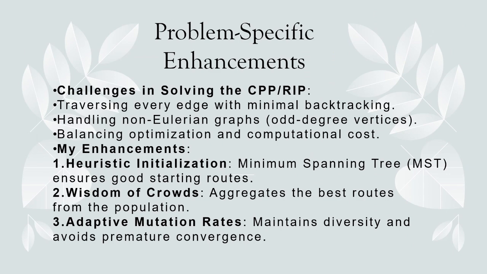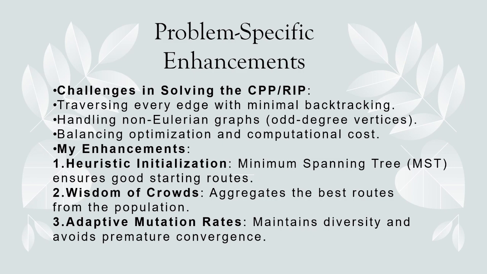Okay, so problem specific enhancements. Challenges in solving the CPP, Chinese postman problem, or RIP: traversing every edge with minimal backtracking, handling non-Eulerian graphs, odd degree vertices, balancing optimization and computational cost.